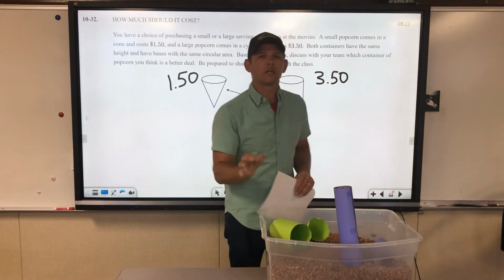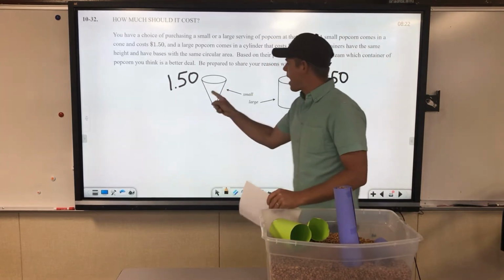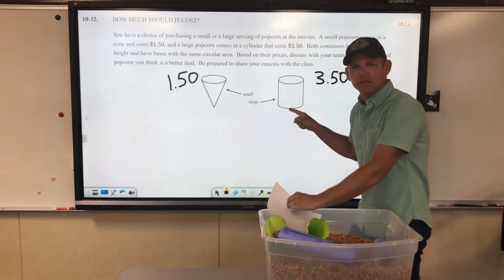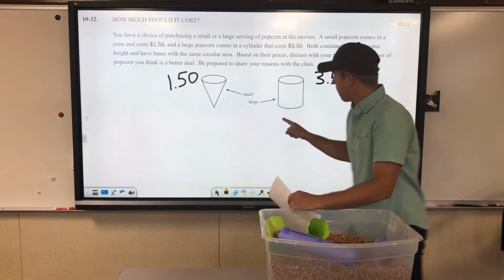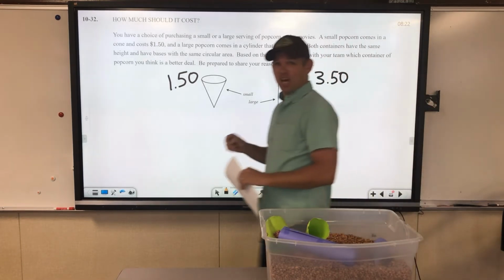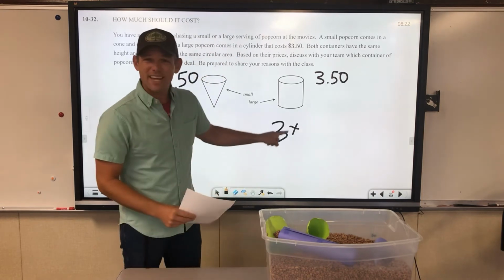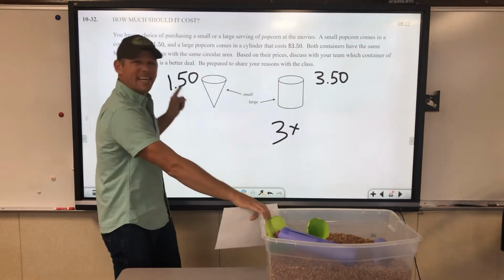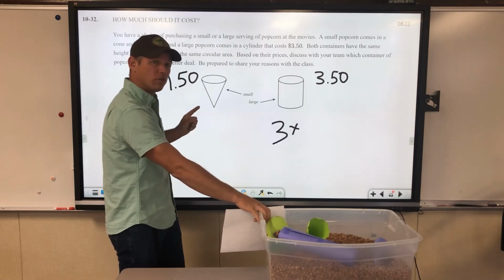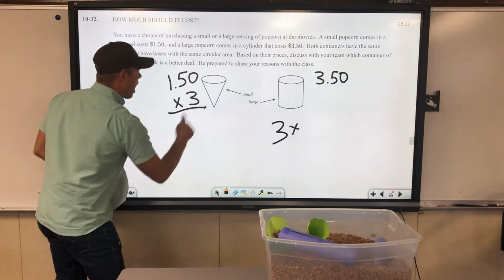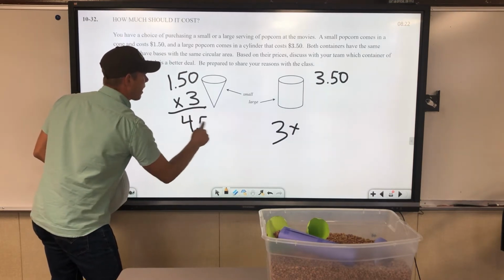And what we learned is when you buy a small, how many times bigger is this cylinder? This is 3 times the size. So if this is 3 times the size, are you paying 3 times the amount? Well, if I multiply this by 3, I get $4.50.